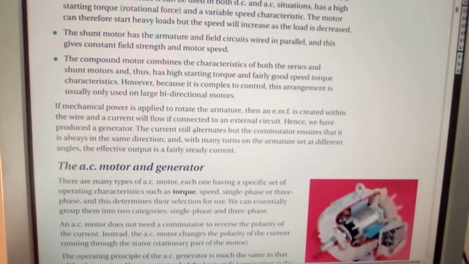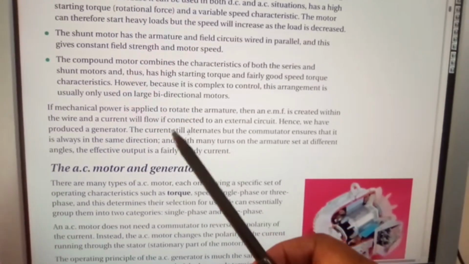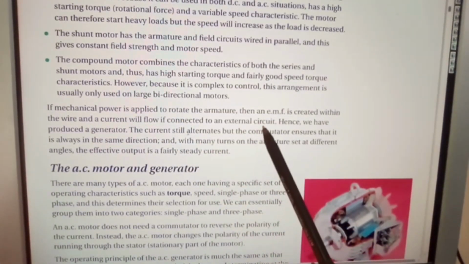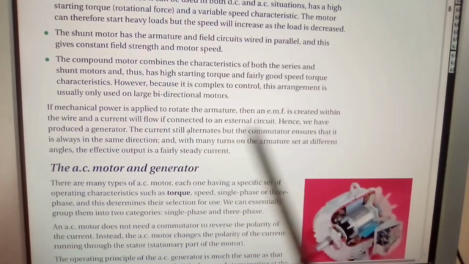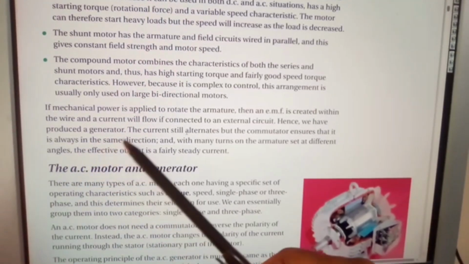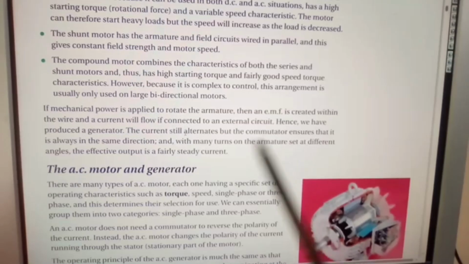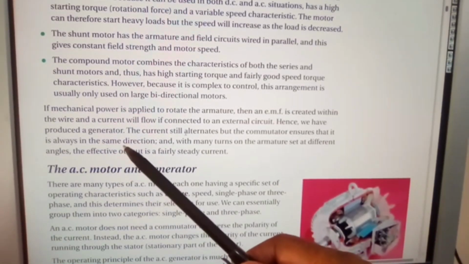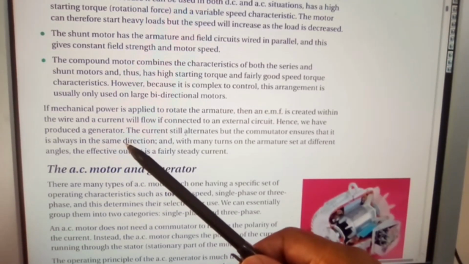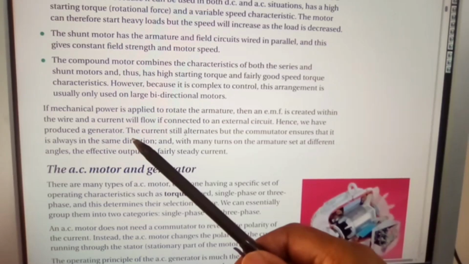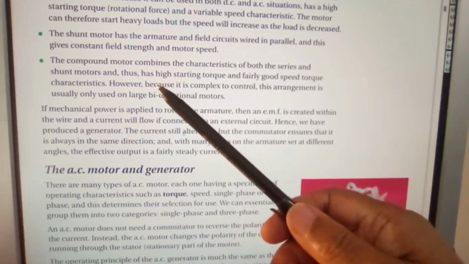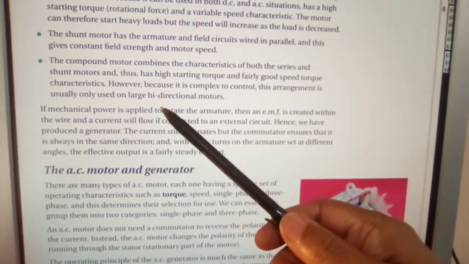Now, if mechanical power is applied to rotate the armature, then an EMF is created within the wire and a current will flow if connected to an external circuit. Hence, we have produced a generator. Now, obviously, you're looking at the difference between a motor and a generator.